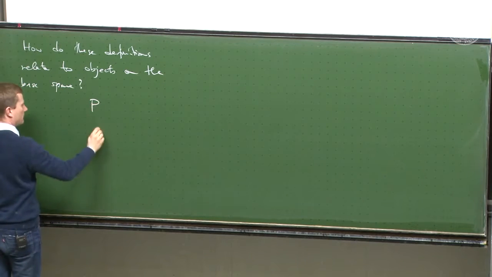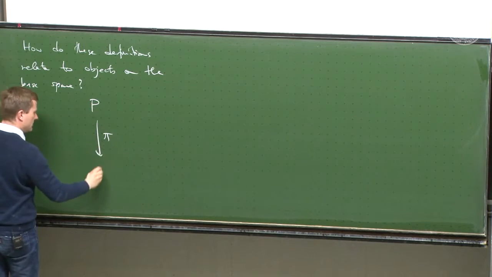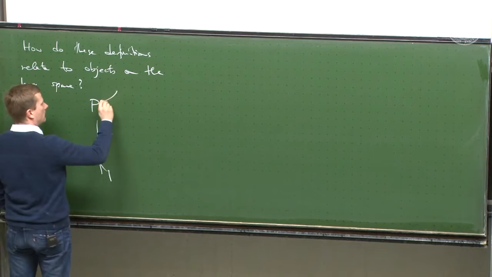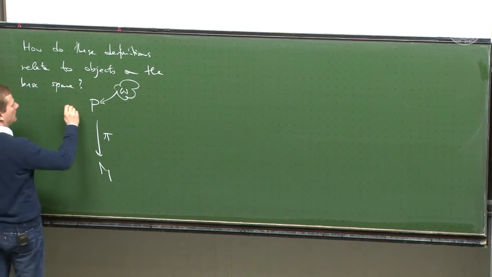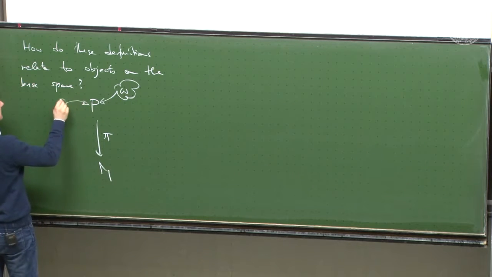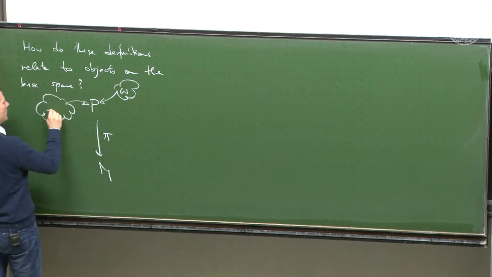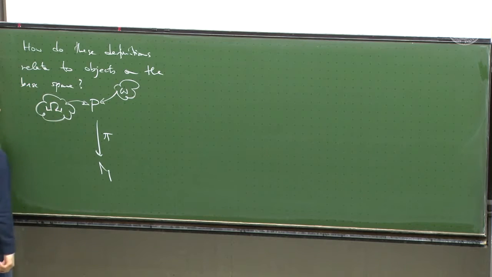We have here our principal G bundle on which there sits a connection 1-form, and now we have there sitting as well a curvature 2-form. Lie algebra valued 1-form, Lie algebra valued 2-form, both defined up here.